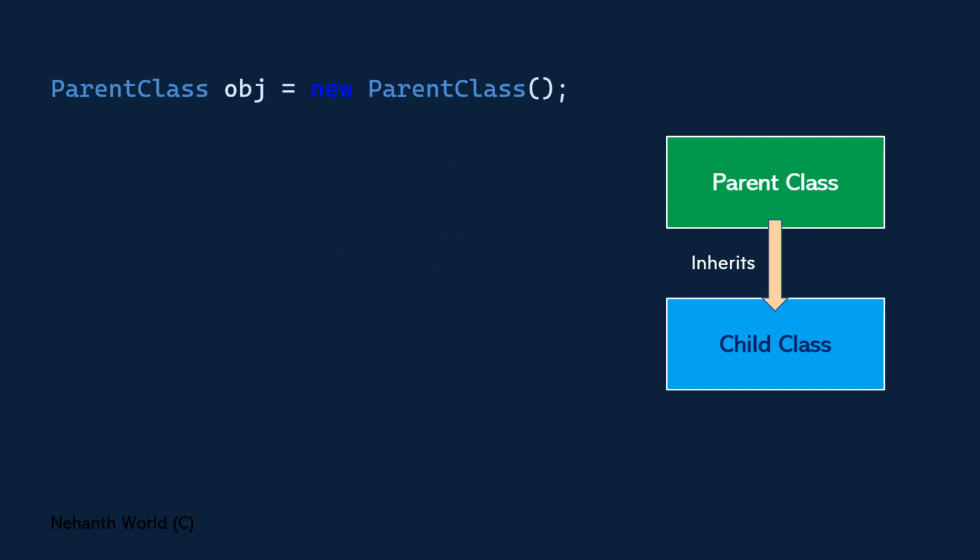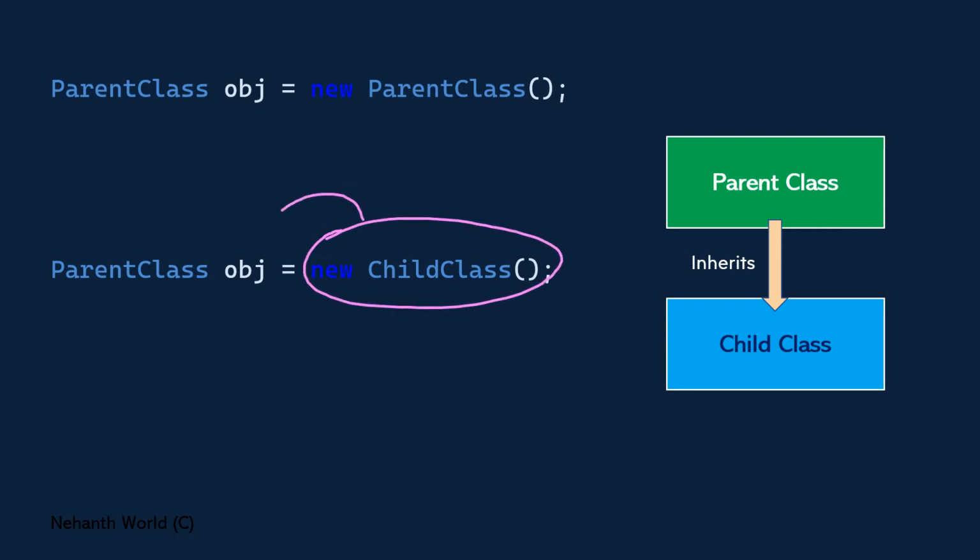Okay, coming to this one. Here I'm creating an object for the child class and assigning this instance to the parent class reference. If you notice, it is a parent class reference. That is possible, so we are storing this instance inside the parent class reference.